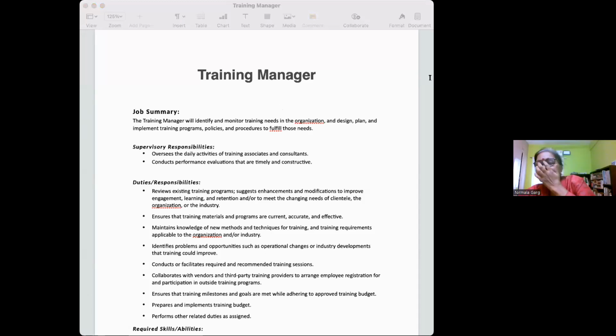So if you notice, there is something called the purpose of this role, right? Whenever you write a job description, there will always be a purpose of this role. Why is this role here? The training manager will identify and monitor training needs in the organization, design, plan, and implement training programs, policies, and procedures to fulfill those needs, right?